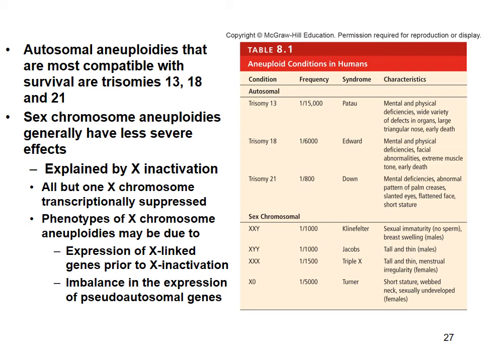In that case, they have an XXY. If a patient is born with Turner syndrome, they have 45 chromosomes instead of 46, and that's because they only have 1 sex chromosome. So you can have aneuploidy occur in both your autosomal as well as in your sex chromosomes.